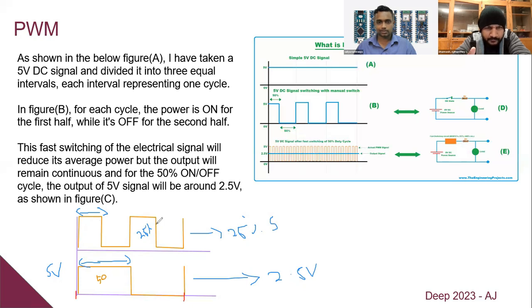So the output will be less here in this case. In this case, the output will be a little higher. You explained it really well. So the amount of time that we keep it on determines the output, straight up.